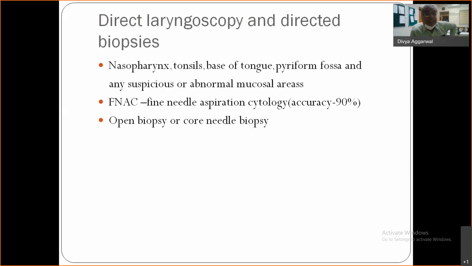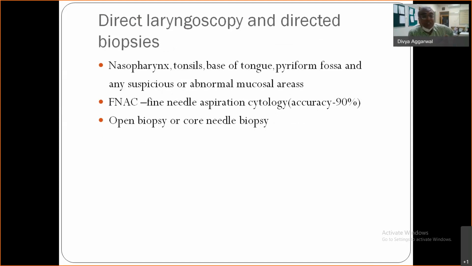How to manage it? After you have not been able to localize anything, you would go for blind biopsies, direct laryngoscopy-directed biopsies from the nasopharynx, tonsil, base of the tongue, piriform fossa, and suspicious or abnormal mucosal areas, because your maximum effort would be to identify the primary.